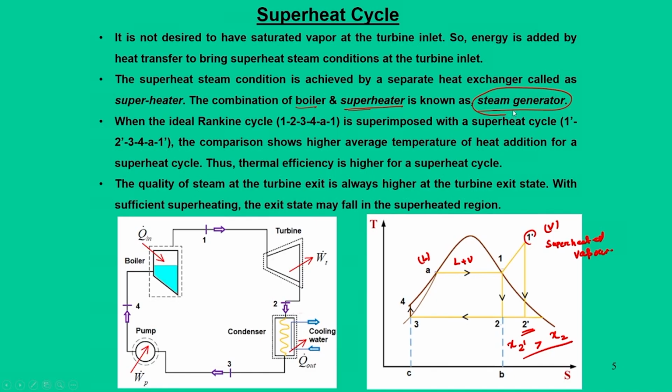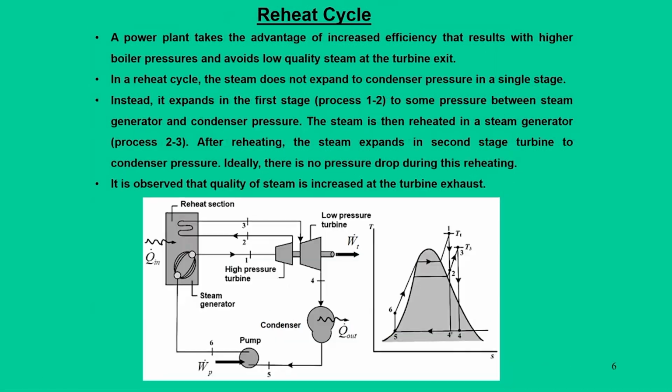For the time being, we just have to understand that the steam generator includes the boiler and superheating systems that supply the necessary heat to the working fluid. So, from here onwards, we will see that only a superheated cycle can give you a better thermal efficiency.